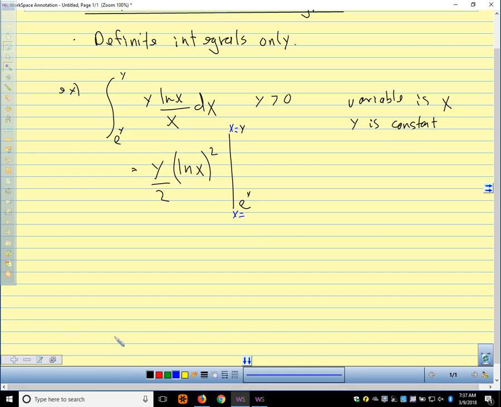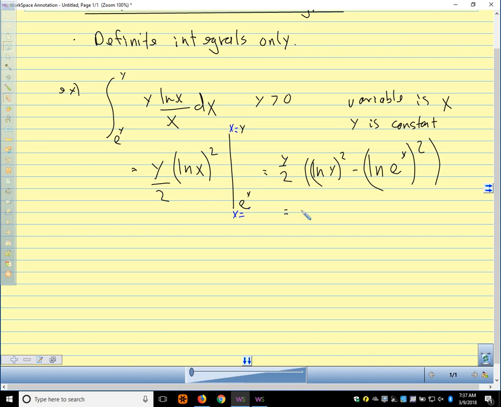When we evaluate this, we get y over 2 times ln y squared minus ln of e to the y squared. When we substitute in our limits of integration, at the end we get y over 2 ln y squared minus y squared.